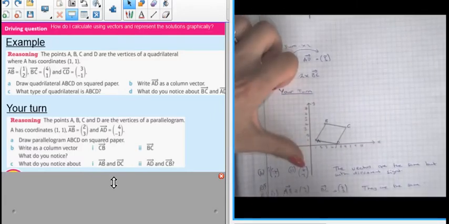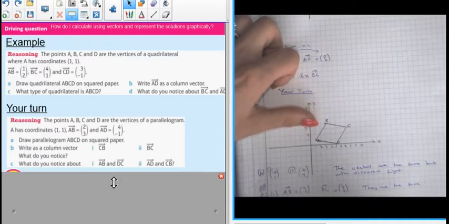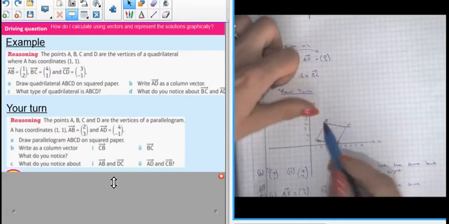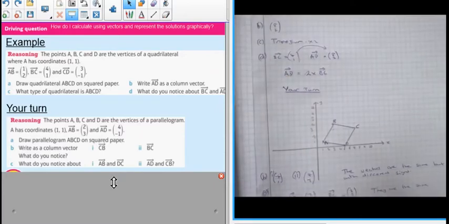So AD is equal to (4, -1), which we already know, and CB is equal to (-4, 1). What do we notice?